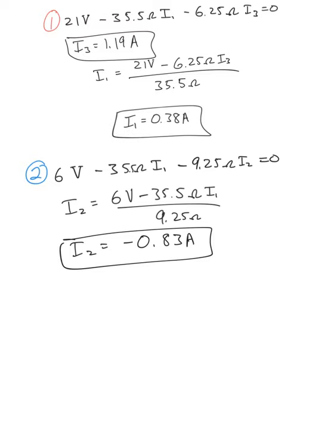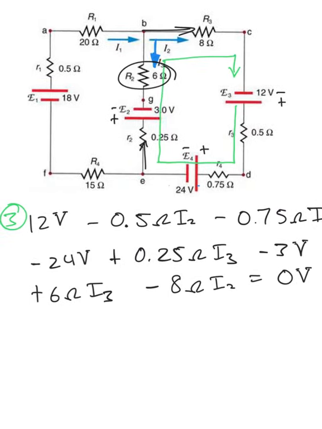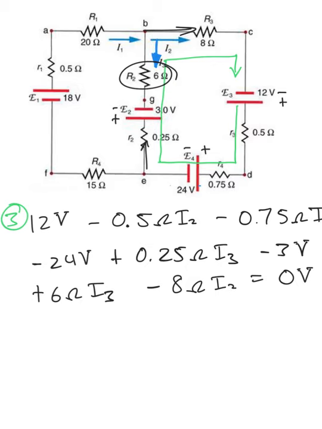So now we've been able to find the current through each section of our circuit individually. We found I1, I2, and I3. Just a quick note, I want to talk about this minus sign in the I2. I1 is positive, I3 is positive, and I2 is negative. If we look back at our original circuit, the direction that we gave current 1 was to the right in this clockwise fashion.